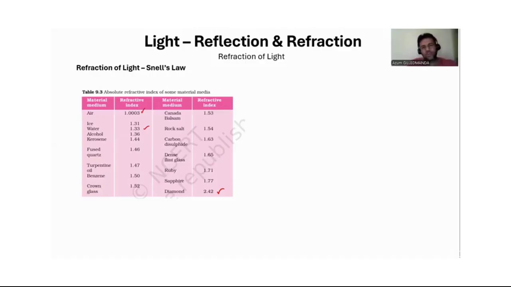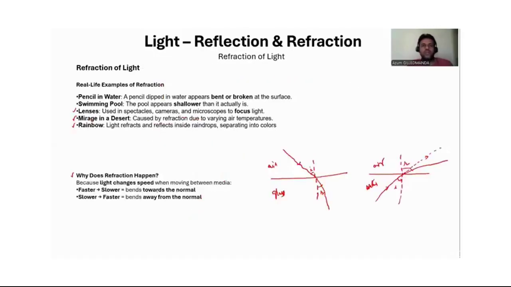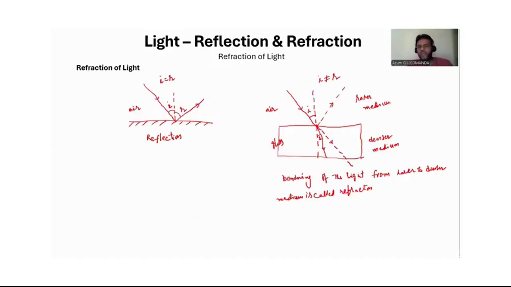Okay, so let's do a quick recap. What did we learn here? What is refraction of light? We learned about reflection. Now we learned about the bending of light from one medium to another when there is a medium change. That phenomenon is called refraction.